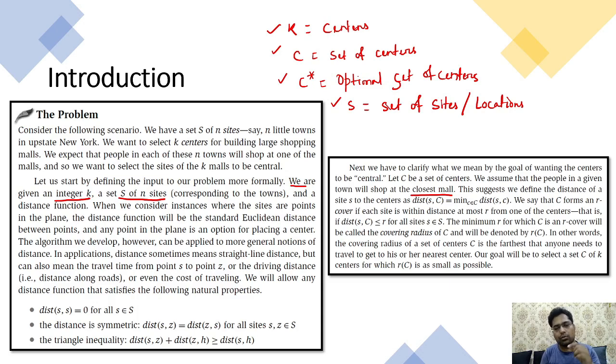If you establish a mall in the middle of four or five locations where the number of people is high, people will definitely reach out from the nearby locations. The more people come, the more profit you can gain. This is the general concept, and that's why we are finding the center.